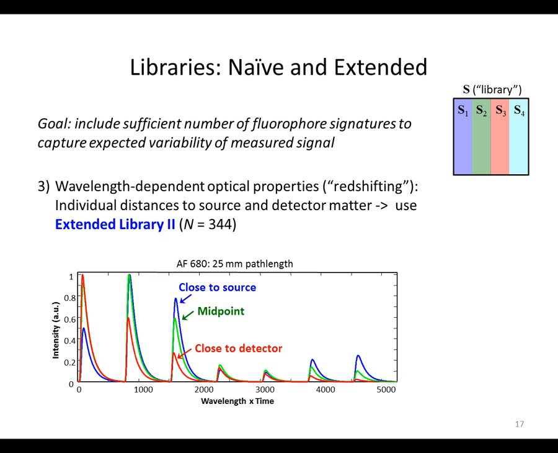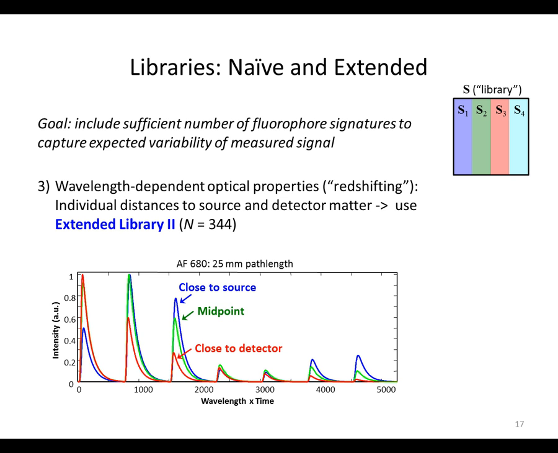But of course, the more interesting case is the one where we allow the optical properties to vary with wavelength. And here, I need to include a lot more signatures per fluorophore. And you can see why in this plot. So here I'm showing you the spectral and temporal signature for Alexa Fluor 680. The total path length is the same. It's just the relative position of the fluorophore, close to the detector, at the midpoint, or close to the source, that varies.